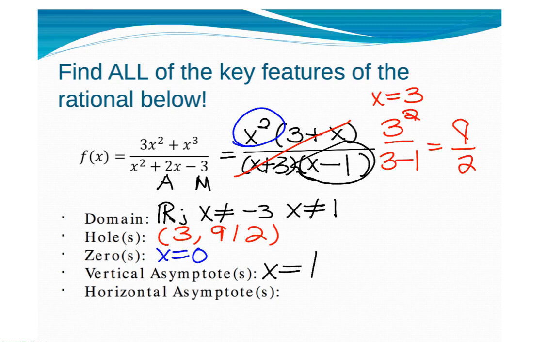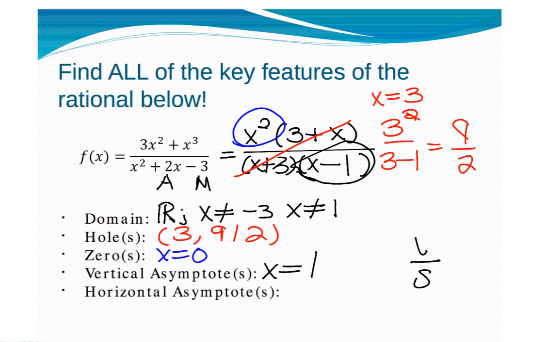And last but not least, I have horizontal asymptotes. So if I look on the top, when it's not in factored form, I can see that I have 3 x's. And on the denominator, I only have 2 as my largest one. So my top is going to be larger than the bottom. So I have large over small.